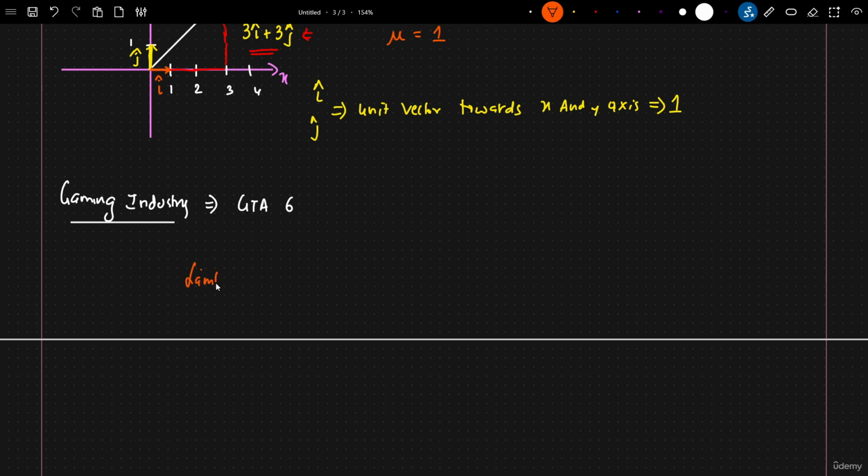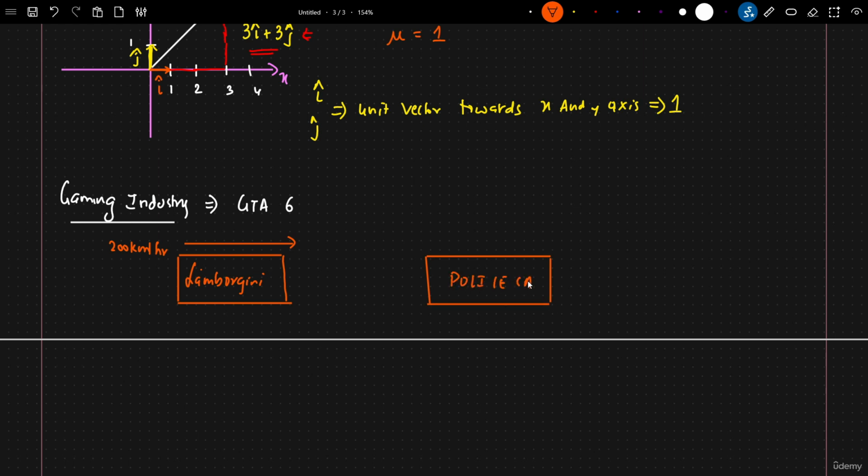Let's say I take a Lamborghini and I'm driving in a specific direction at 200 kilometers per hour. And there's a police car probably coming from here, in this direction, at 100 kilometers per hour.